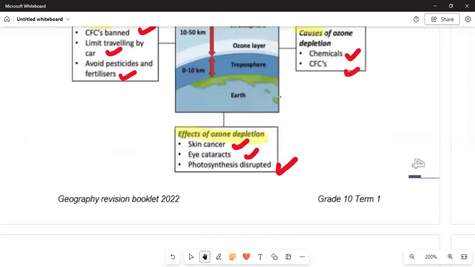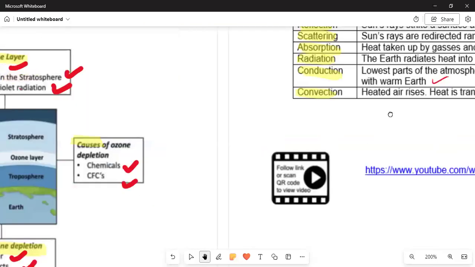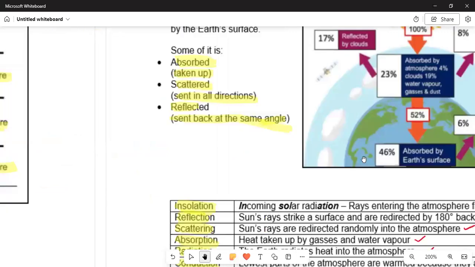If we are moving on, we must discuss the effect now. Skin cancer can arise in people because there is no protective layer. It is damaged, and there will be eye cataracts. And then the photosynthesis process is disturbed because of high temperature.